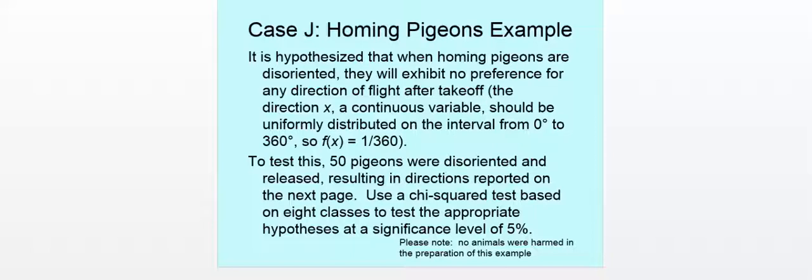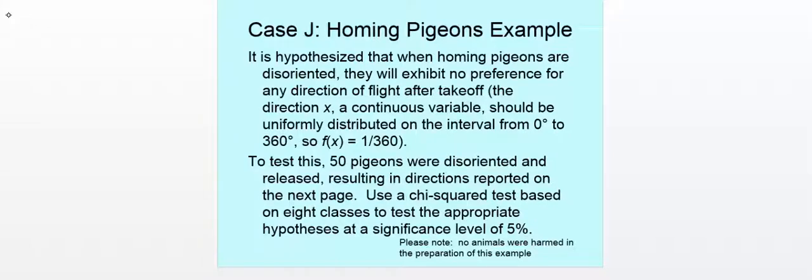So we need to use an appropriate hypothesis test, and it's suggested that we use 8 different categories to divide the compass directional data into, and use a level of significance.